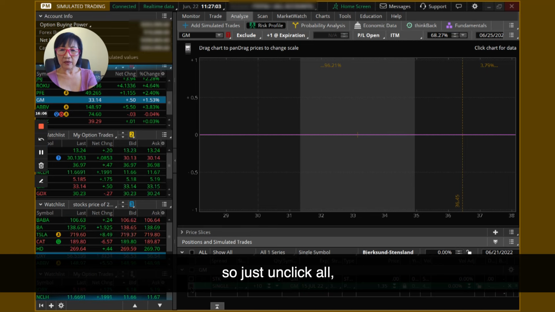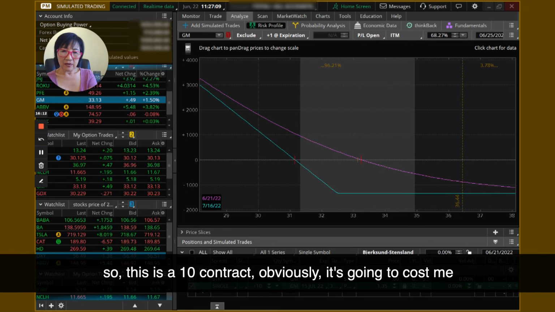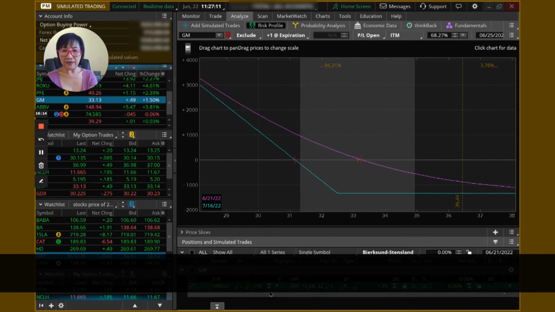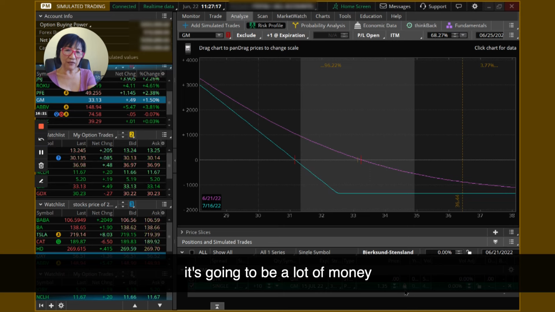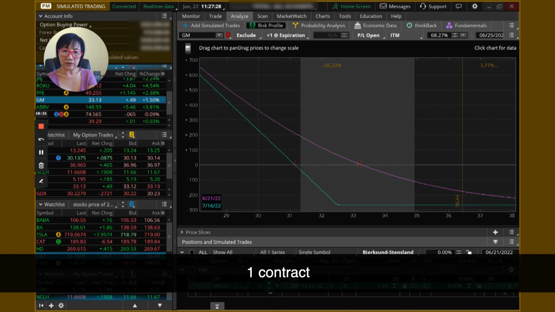So unclick all, get into a habit of that, and just click the one that I want to look at. So this is a 10 contract. Obviously, it's going to cost me $1.35 times 10, which is a lot of money, more than $350. So I will just take it down to one contract.